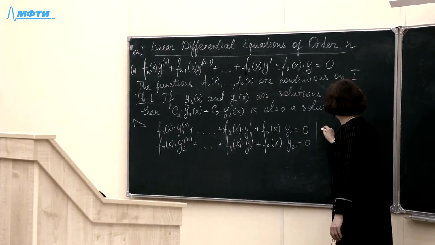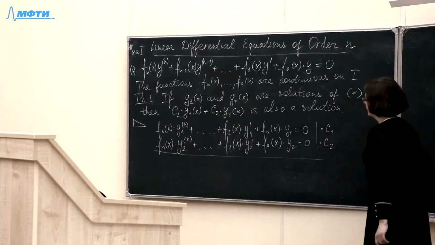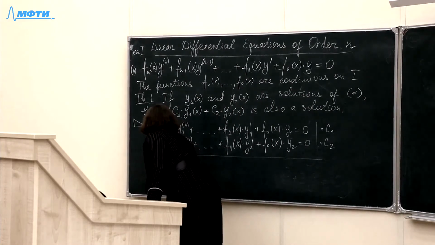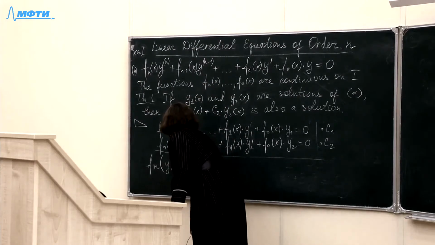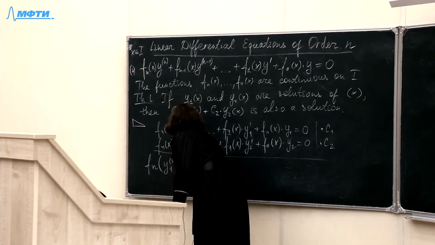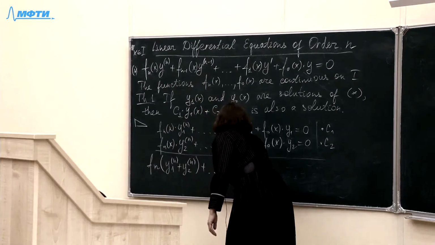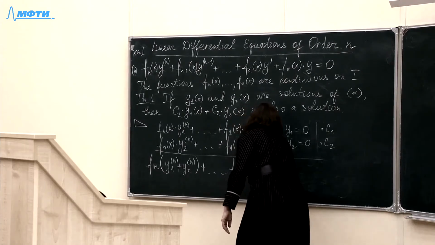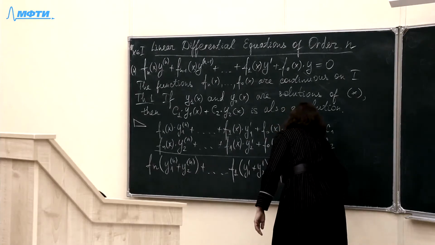And if we multiply the first one by c1 and the second one by c2 and find the sum, we will get the following. If we combine similar terms, fn multiplied by the nth derivative of y1 plus the nth derivative of y2, plus and so on, plus f1 times y1 prime plus y2 prime, plus f0 times y1 plus y2 equals 0.